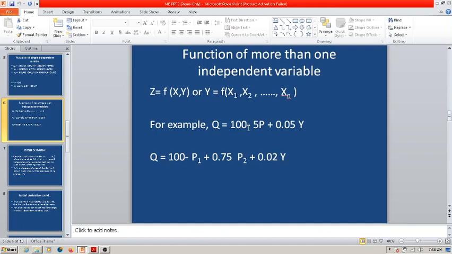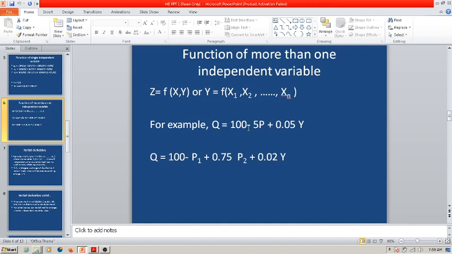Price, income, and the price of related commodities can simultaneously influence the quantity demanded of a particular commodity. In that case, we have to deal with a demand function having more than one independent variable. It is not the price alone, the income alone, or the related commodity price alone which is influencing quantity demanded. All of these are simultaneously influencing the quantity demanded of a particular commodity.